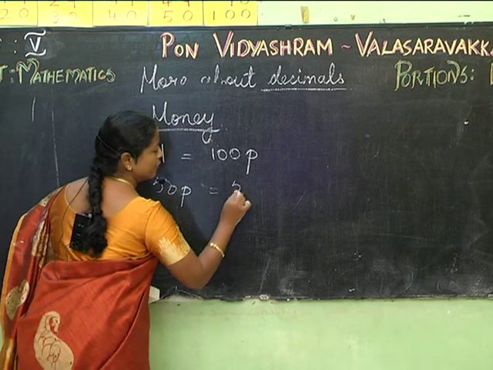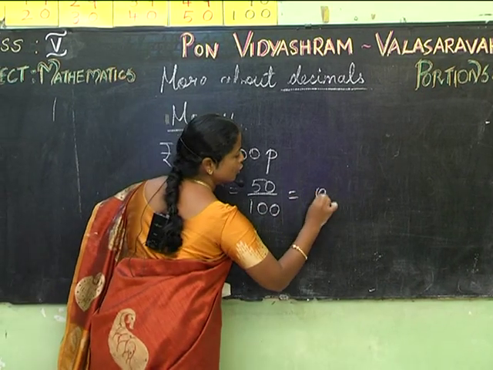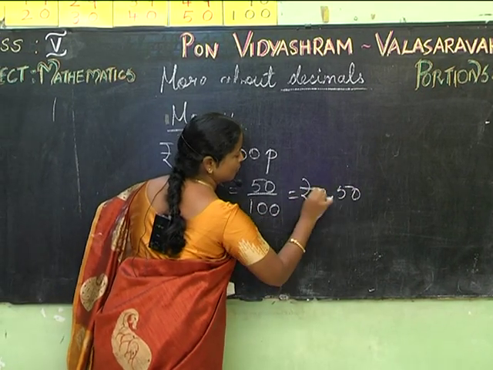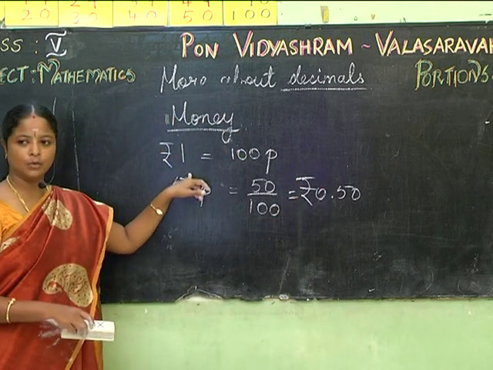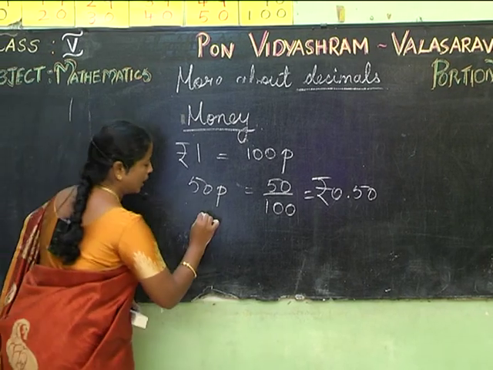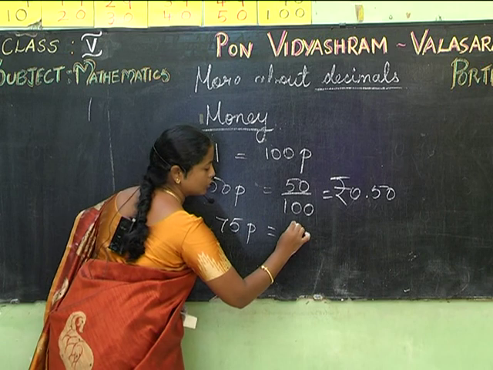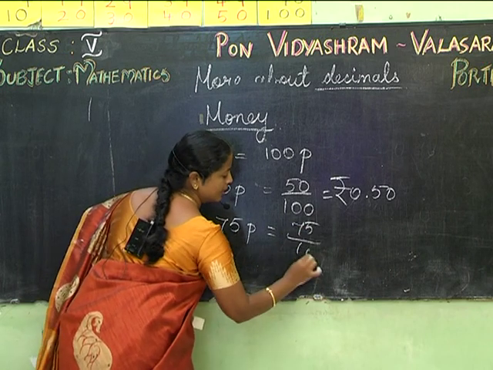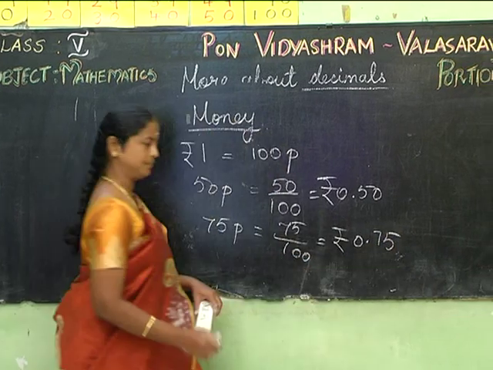That is 50 by 100, you can represent as 0.50 rupees. So we use decimals when we are dealing with money. Now 75 paise, the same way, 75 by 100, that is rupees 0.75.